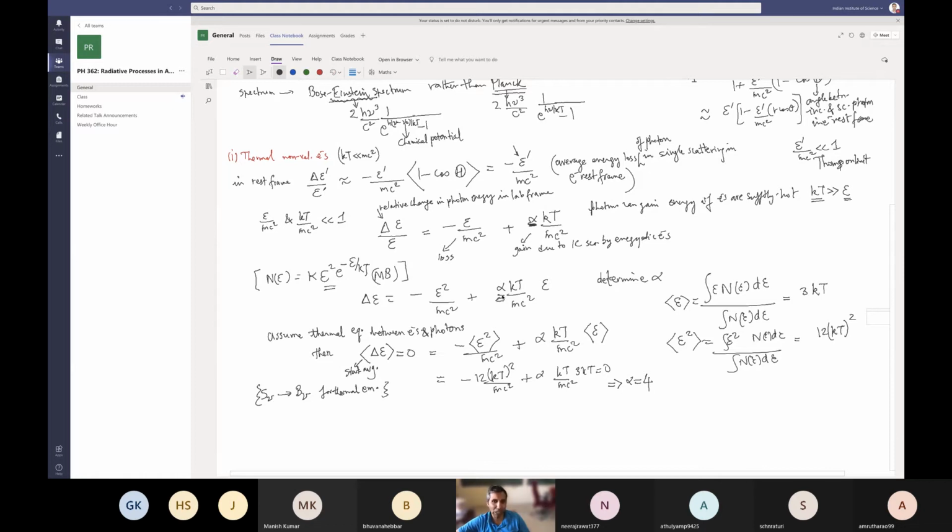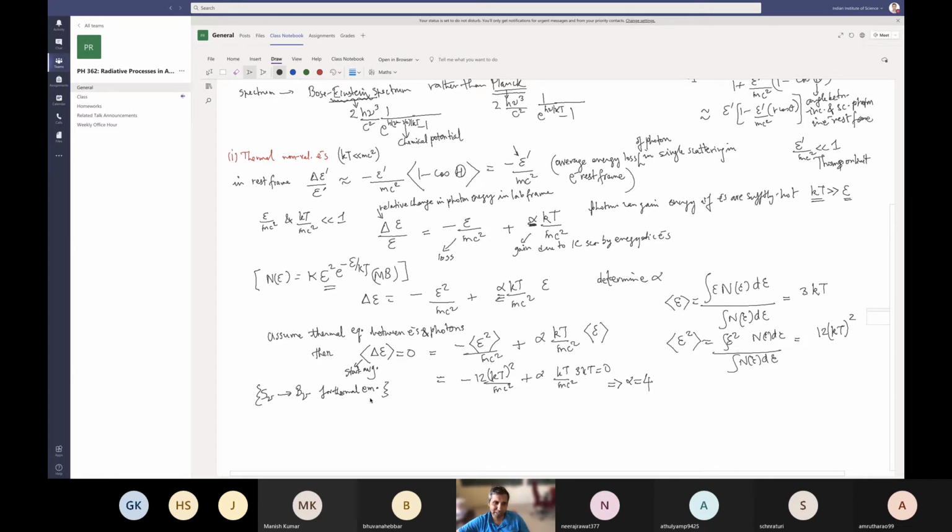So in the same way, this value of alpha, which is applicable even when the system is not in equilibrium, should be the same as when you evaluate assuming equilibrium. The same thing is true.